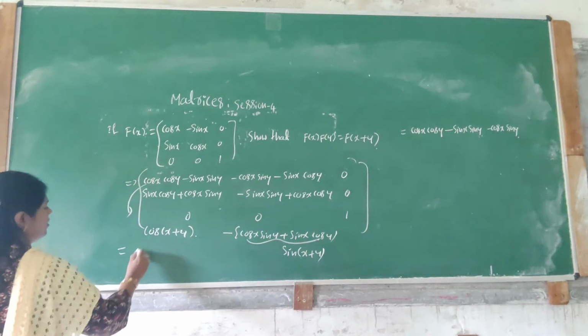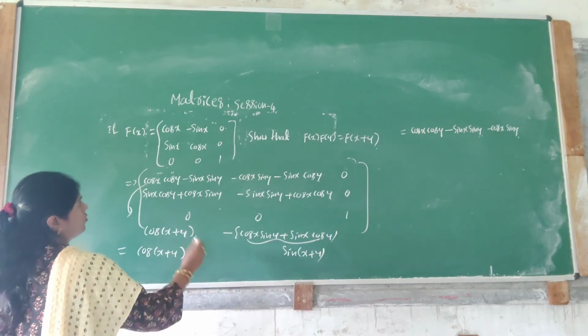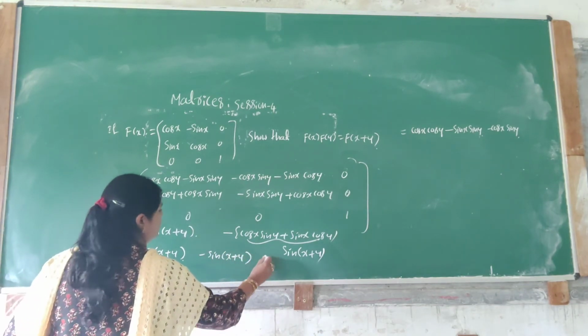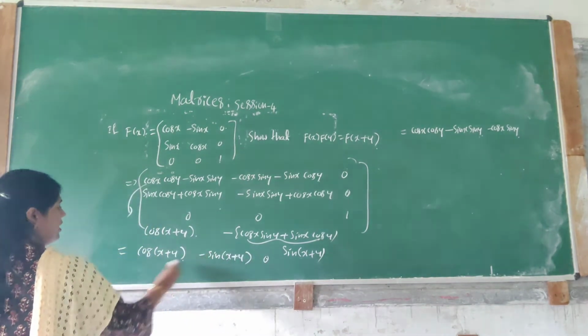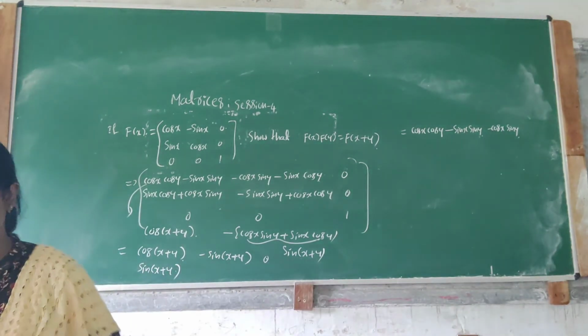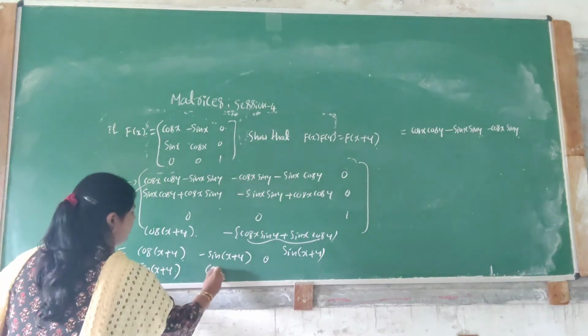So what do we have to write? Cos of x plus y. So minus sin of x plus y, 0. So this one is sin of x plus y. This one is cos of x plus y.